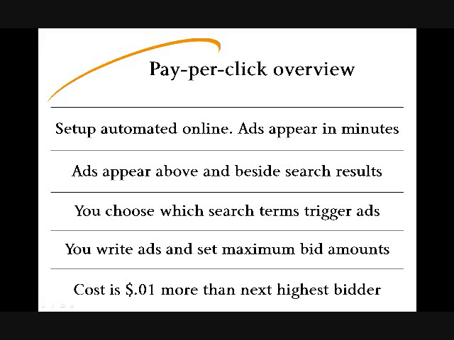Maybe you bid $2 for every time someone clicks on your ad, but the next highest bidder is bidding $1.75. Well, when someone clicks on your ad, you'd end up paying $1.76. But if someone else was bidding $1.99, you would then end up paying the full $2, your maximum bid. So you choose your search terms, you write your own ads, and you set your maximum bid amounts, and then the pay-per-click system handles the rest.